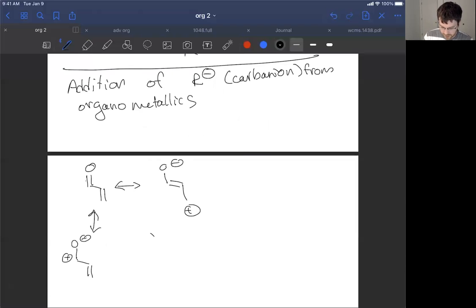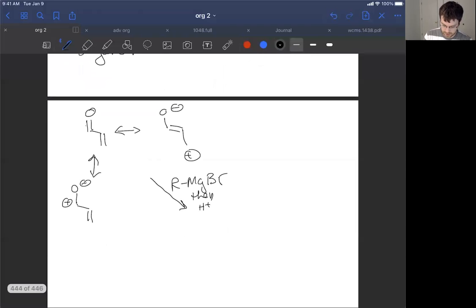But if all of these represent the same molecule, if I add an RMgBr followed by H plus, the outcome that I get is my product from a Michael reaction, which is going to be the 1,4 addition product. Remember, the 1 goes on the oxygen, tautomerizes over to the alpha position.